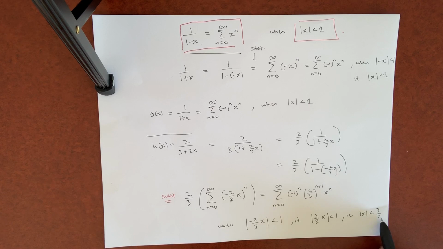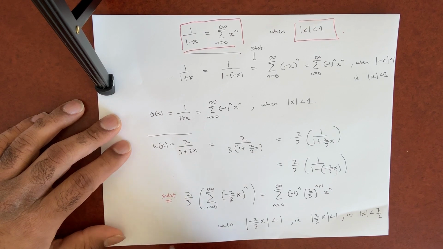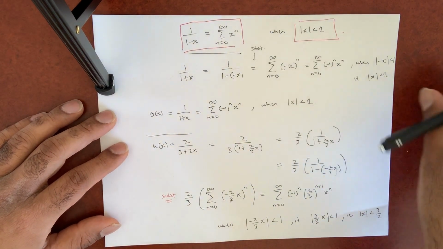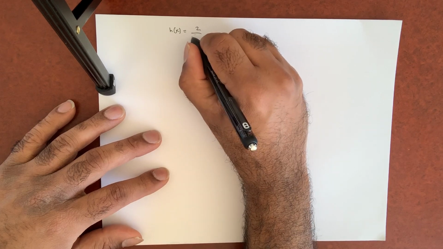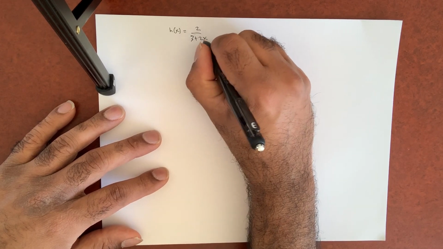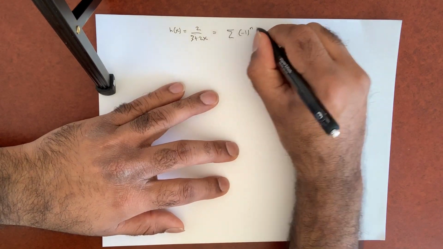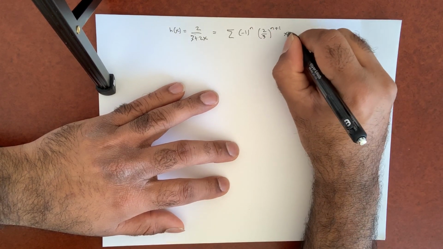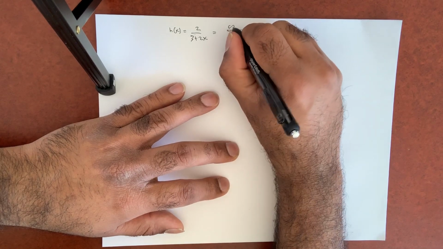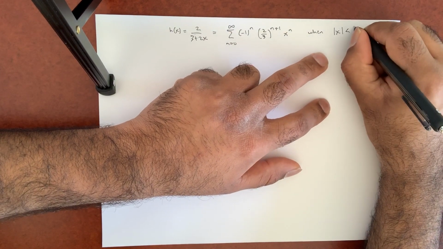So as long as x is less than 3/2 in absolute value, this thing converges. Let me just rewrite our final product here. So h of x, which is 2 over 3 plus 2x, is equal to the series negative 1 to the n, 2/3 to the n plus 1, x to the n going from 0 to infinity when the absolute value of x is less than 3/2.